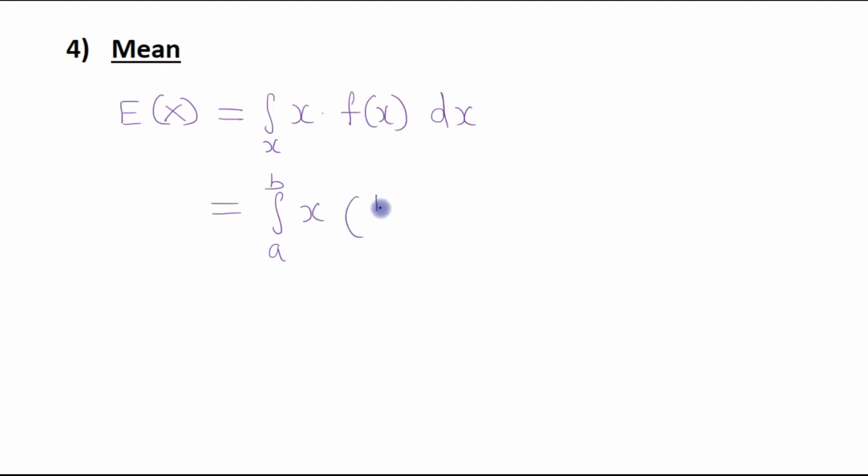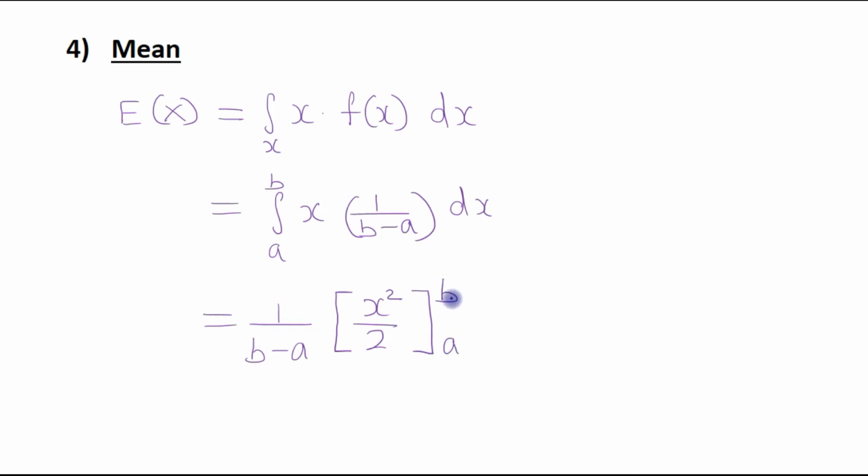Next one is mean. And this will become x square upon 2, from a to b.